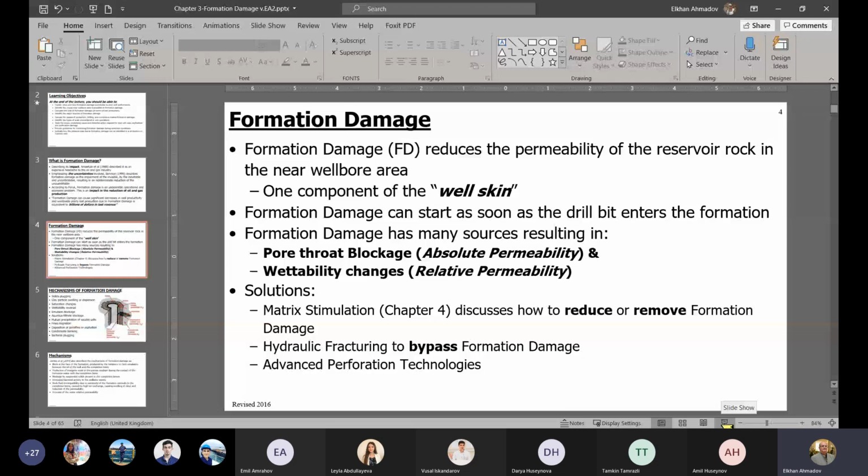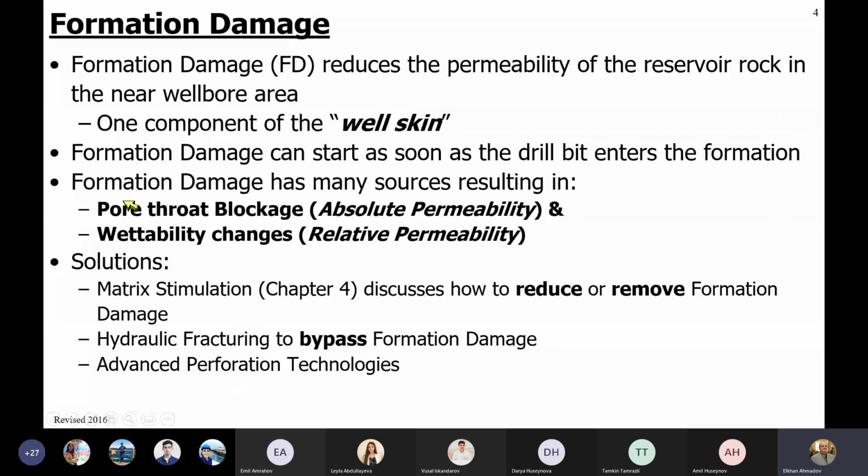The general major results are how it blocks the pore throats or pore space in the formation, reducing the absolute permeability and changing wettability, so reducing the relative permeability, and solutions like matrix stimulation, hydraulic fracturing, or advanced perforation technologies to bypass the formation damage.